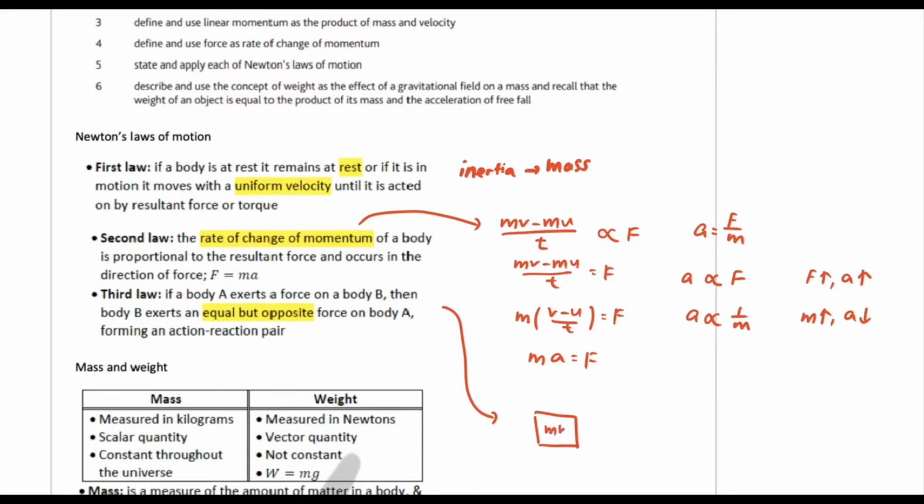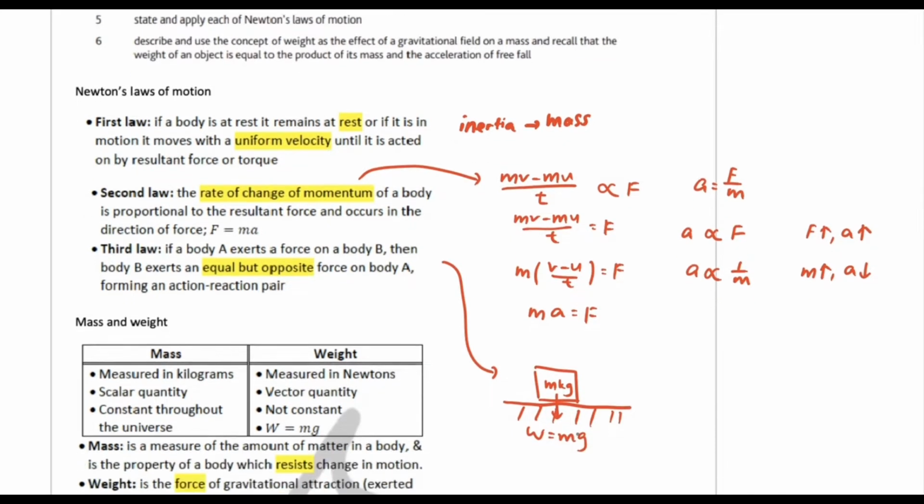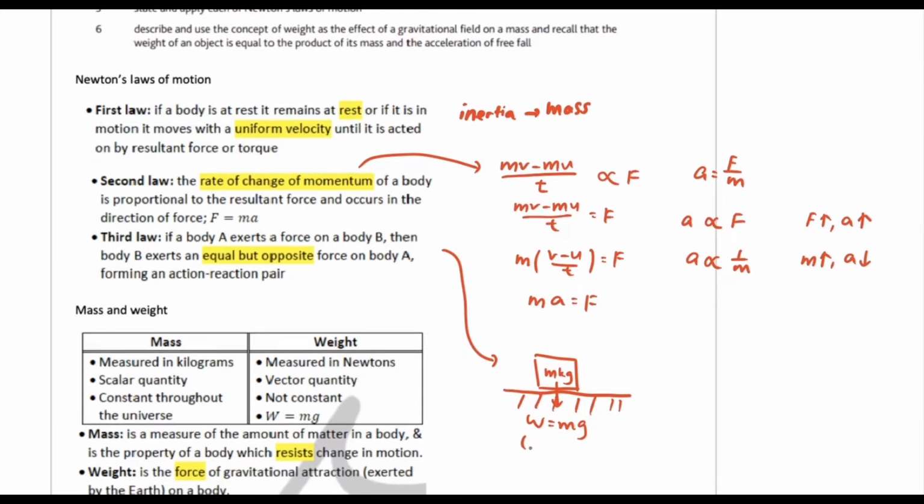It has weight which acts downwards, pressing the ground. The weight is mg, and this is called the action. The action is the weight pressing the ground.